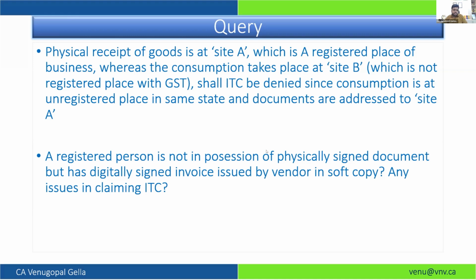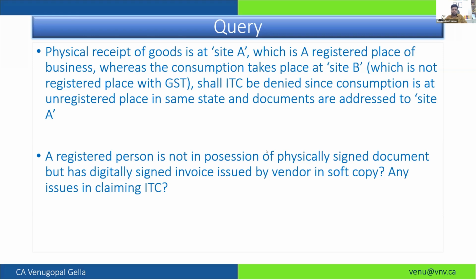Now, coming to the next one: a registered person is not in possession of a physically signed document, but has a digitally signed invoice issued by the vendor in soft copy. Whether there will be any issues in claiming the ITC on this. One of the conditions, the first basic condition to avail the ITC, is that he should possess the tax invoice.